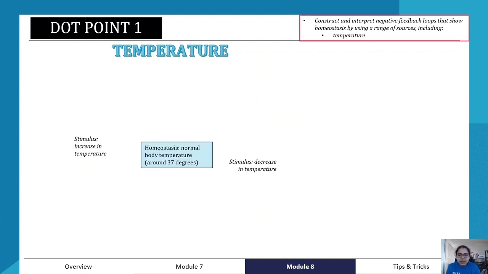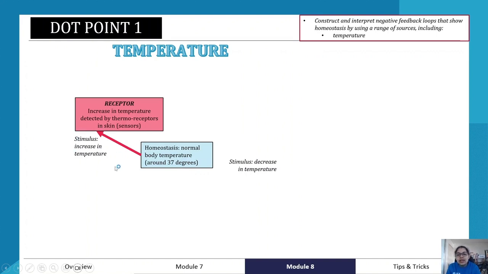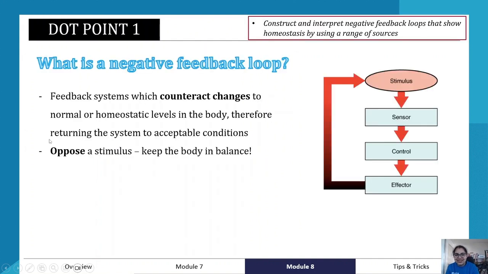So essentially, we start off here with knowing that the normal body temperature is around 37 degrees. However, we notice that there is an increase in temperature. So the stimulus is that the temperature increases. Before I go on, I'll just quickly walk you through this diagram. We've got a stimulus, which is the change that is happening.